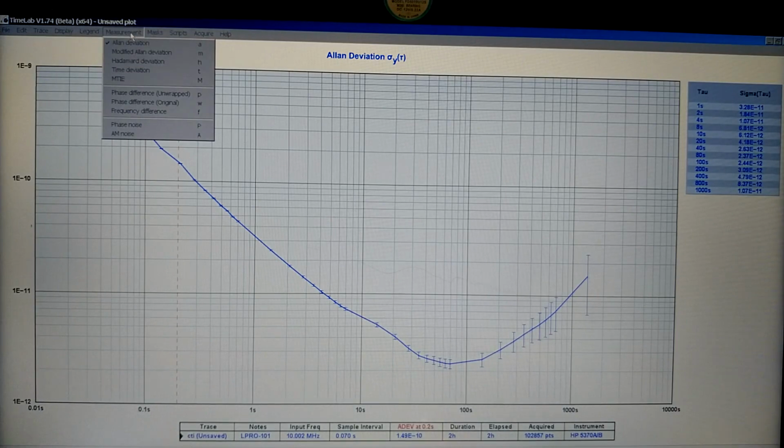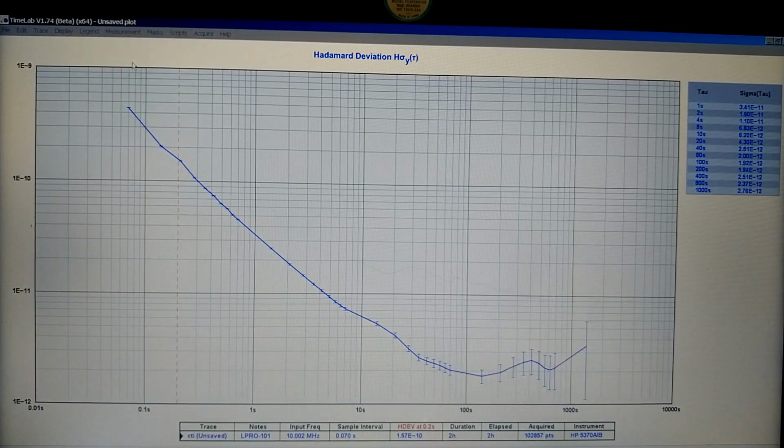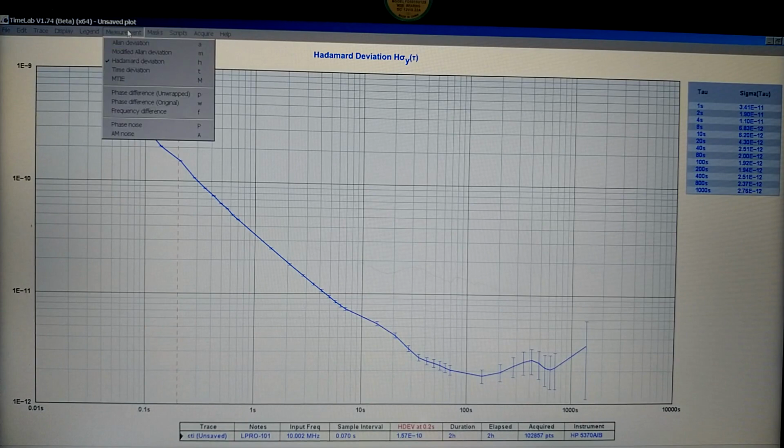And it's interesting to show that if I change from Allan deviation to Hadamard deviation, this looks much better. This is an indication that the problem is frequency drift. And that can be shown if we look at the frequency versus time.